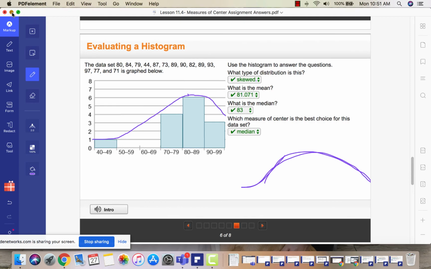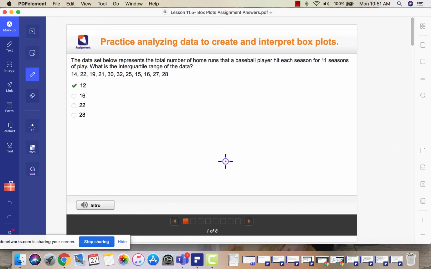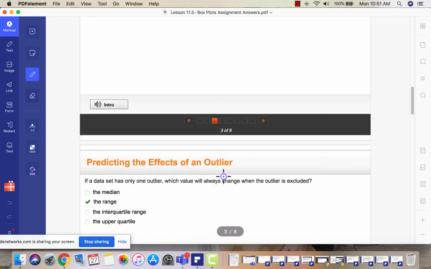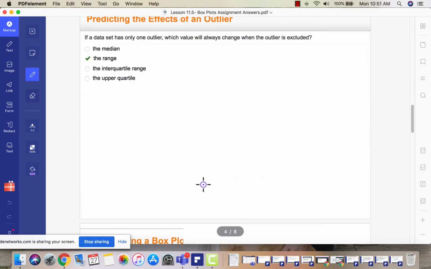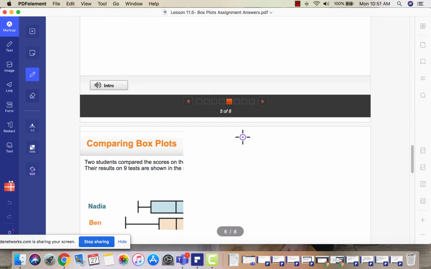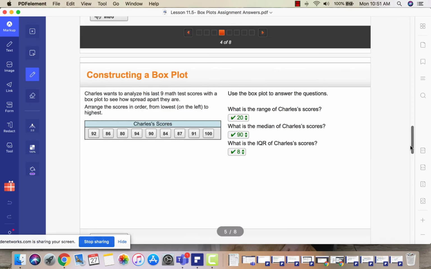Okay, I'm going to move on to 11.5, box plots. Constructing a box plot. I'm going to do 11.5 question 5.